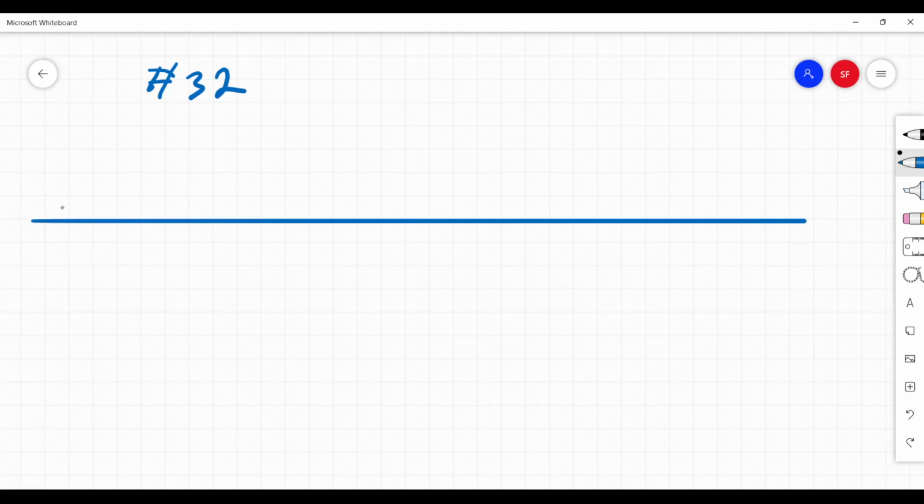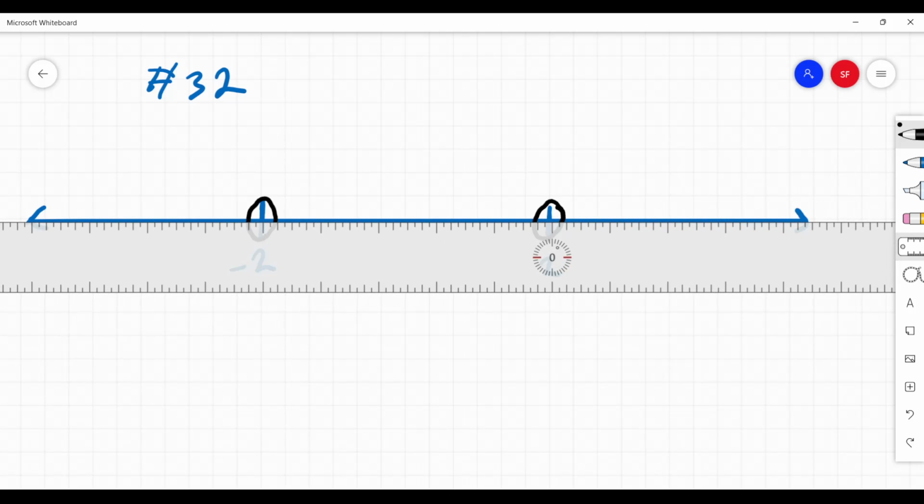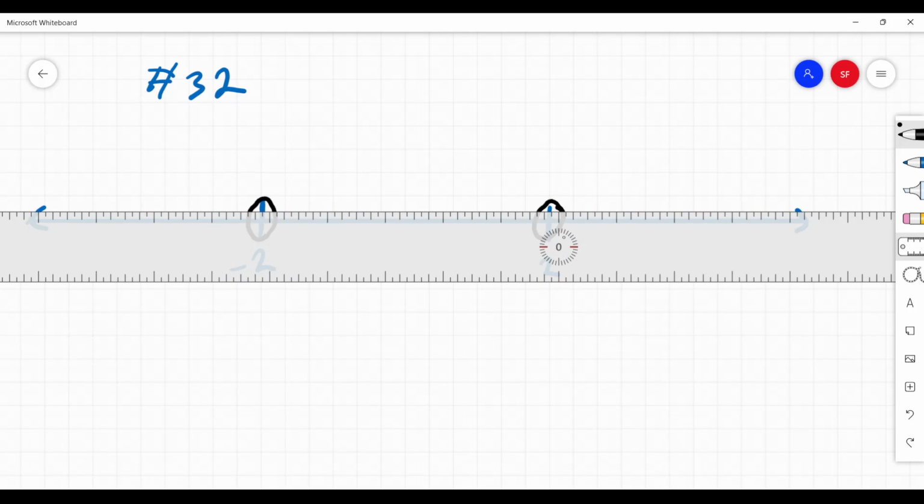All right, so number 32 looks like this. It's got big marks on there. It's got -2 marked and +2 marked. It's got open circles at each one of those, and it's shaded in between them, right?